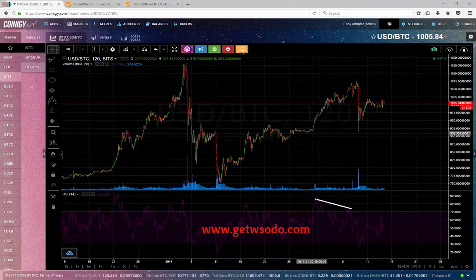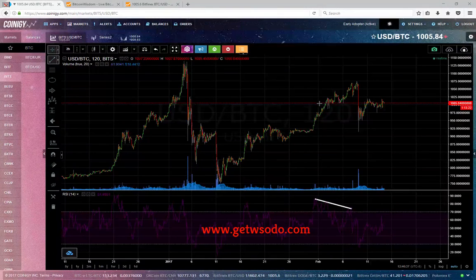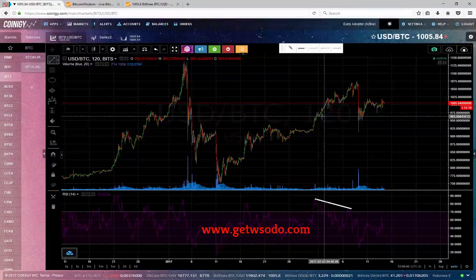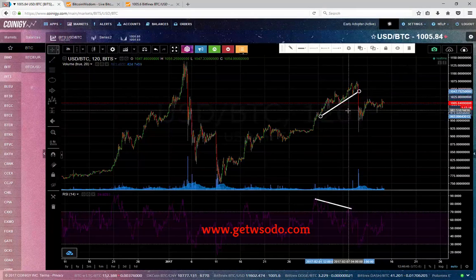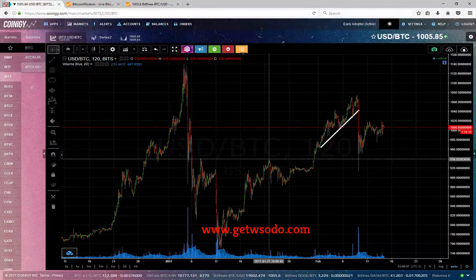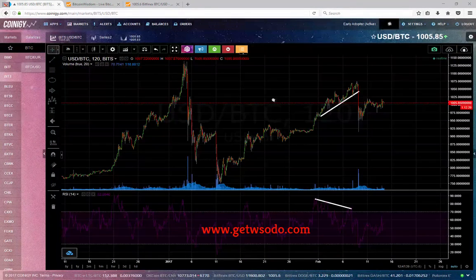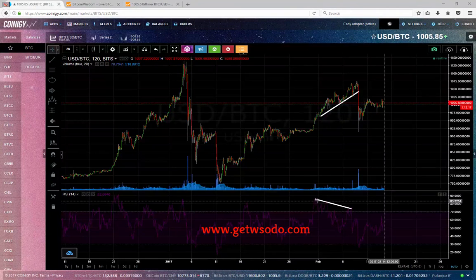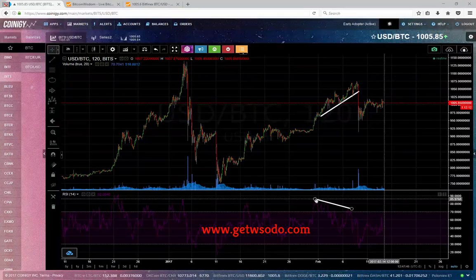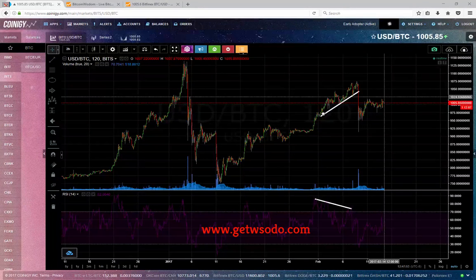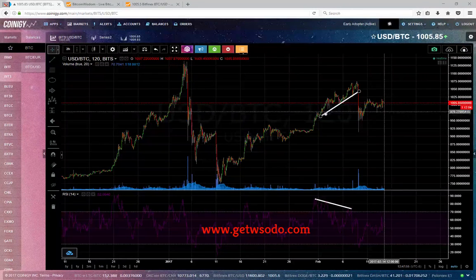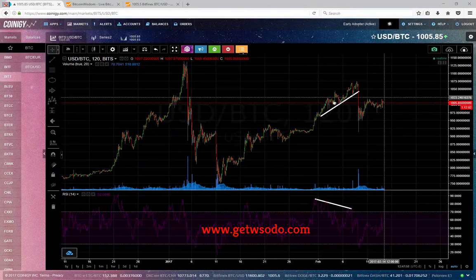So here you can see on the charts we have a series of higher lows. But when you look at the RSI and the momentum, it's making lower highs. So this is called divergence. It's kind of like a warning sign that even though the price is going up, it's losing momentum.